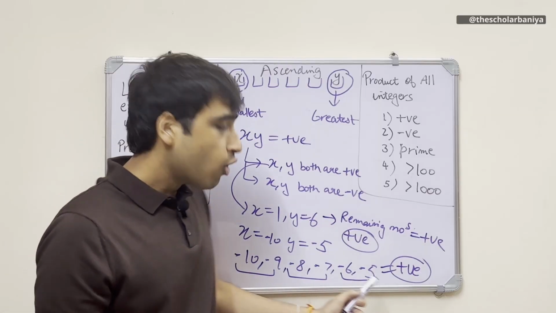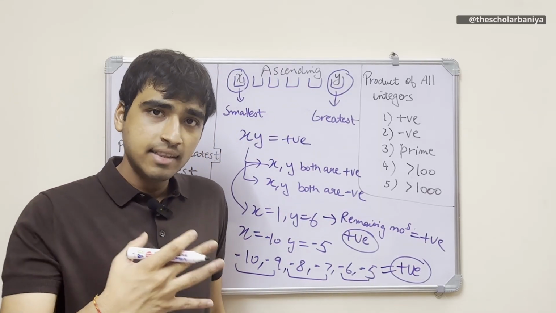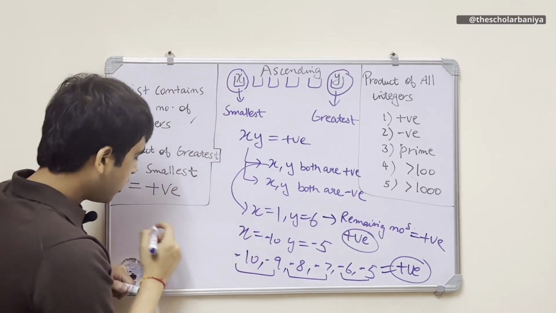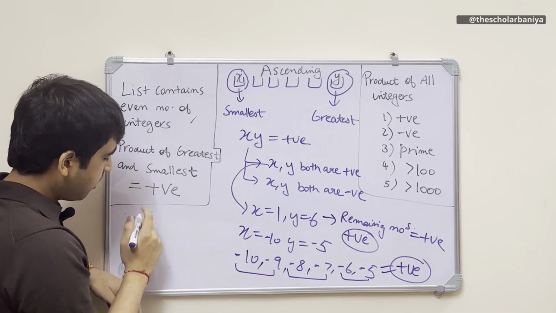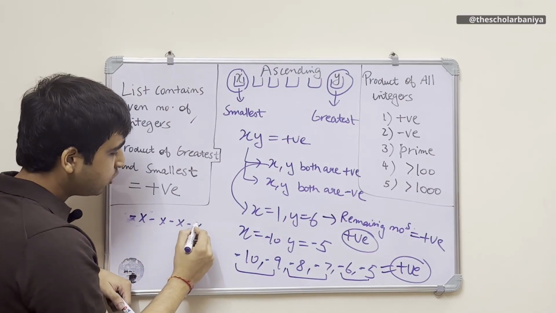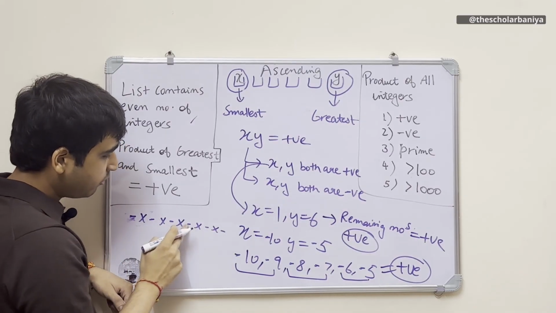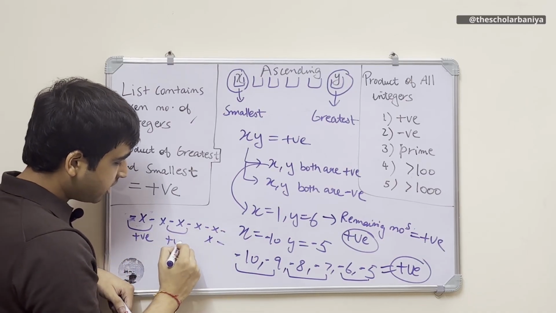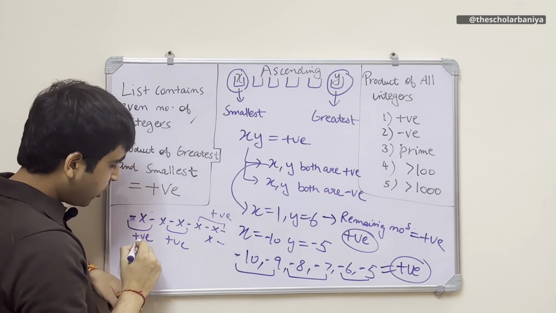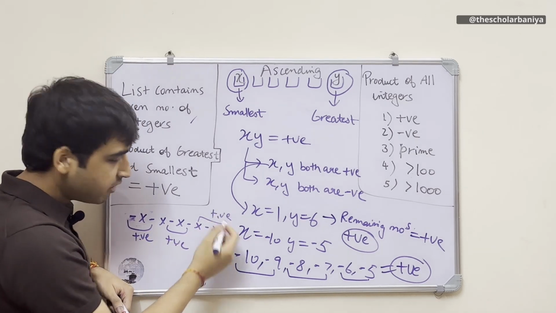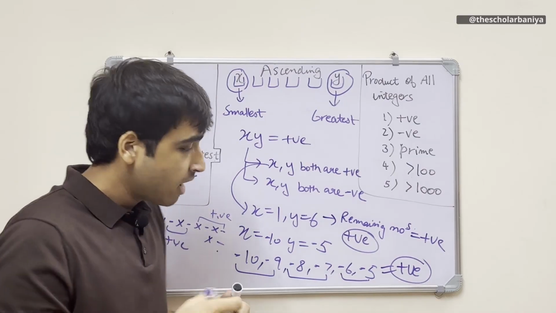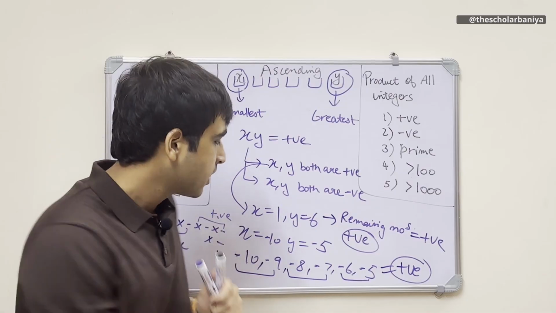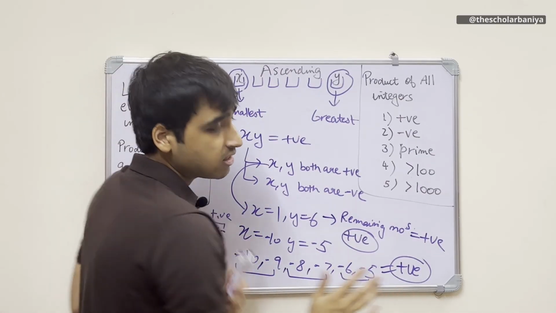For example, if there were an odd number of integers, maybe 7, then the product would become negative, because minus minus becomes positive, minus minus becomes positive, minus minus becomes positive, positive into positive into positive becomes positive, into the last negative, that becomes negative. But since we know that there is an even number of integers, the product will always be positive. So in both of these cases the answer comes out to be positive.